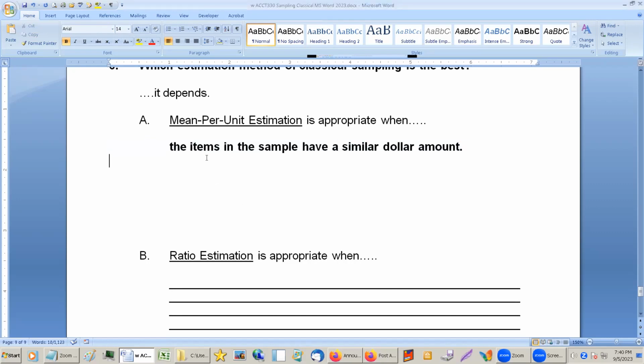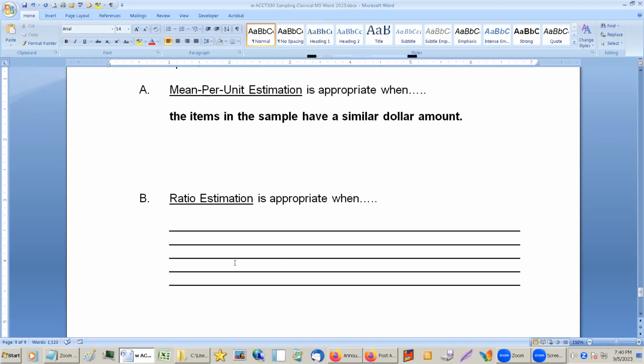So if you have something that has a similar amount to it, it's a good method to use. I think I have used this one before, I'm not positive. I've definitely used the ratio estimation.